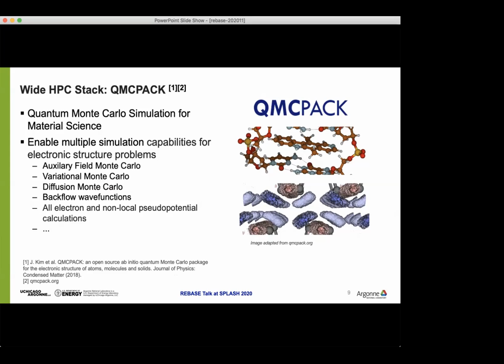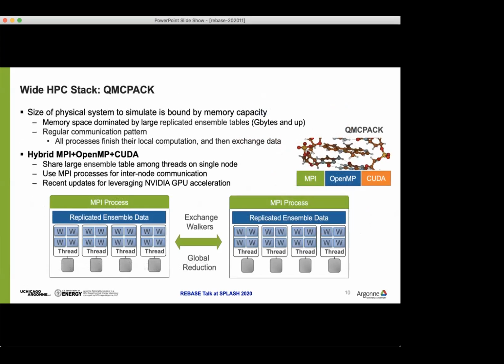They provide many capabilities in the software stack, such as variational Monte Carlo, diffusion Monte Carlo, and so on. And the pictures I pasted here are simulated by the QMCPACK software package. All right, so let's quickly move to the software stack for QMCPACK, as we are not trying to understand the physics meaning of QMCPACK.